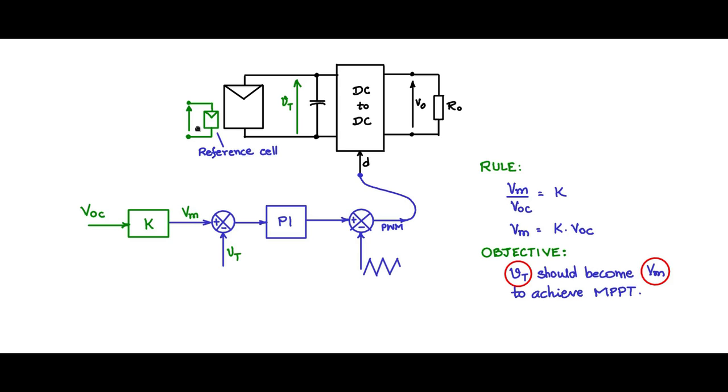Now this open circuit voltage is given as input to this scaling block, and this scaled value will provide Vm, and this will become the reference for making the Vt of this try to reach Vm and thereby achieve maximum power point tracking. So this is the voltage scaling method, reference cell method of maximum power point tracking.